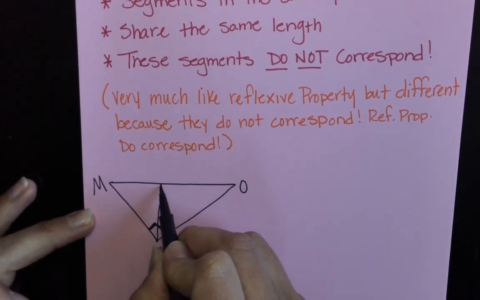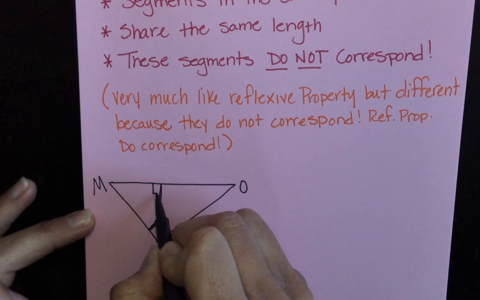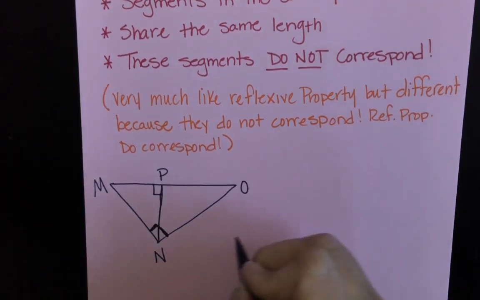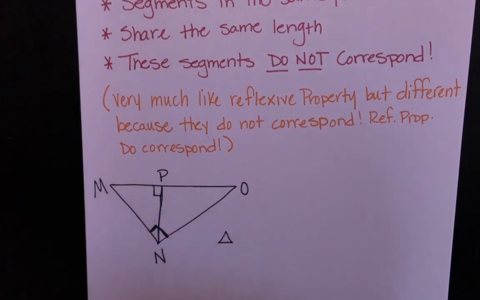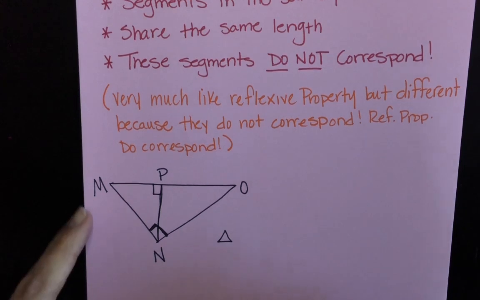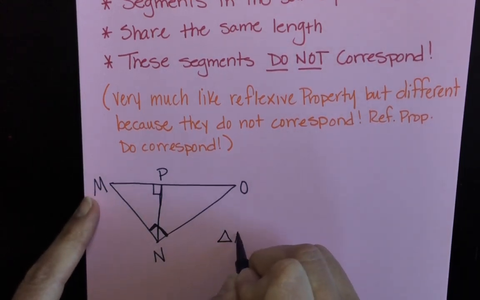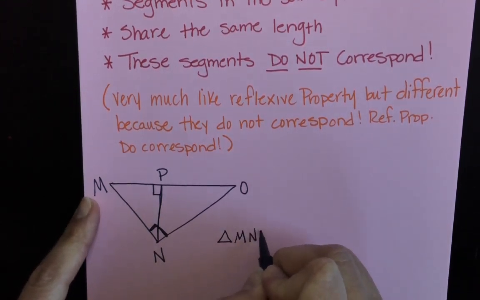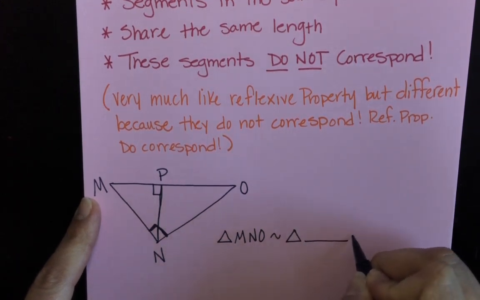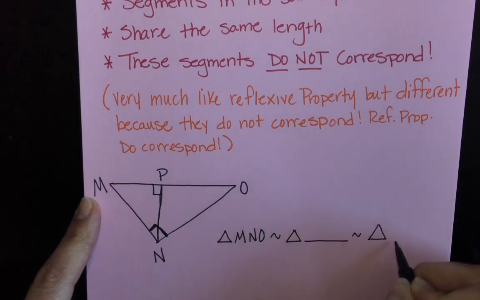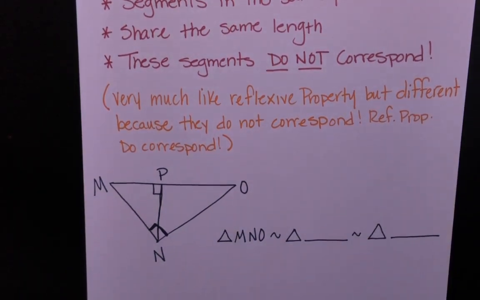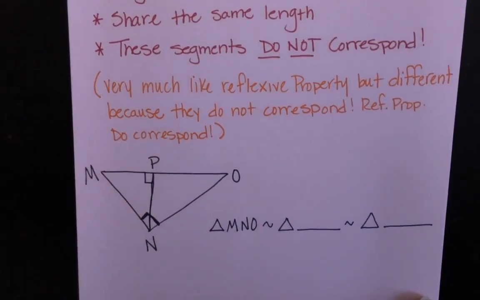I'm going to put our altitude in here, P. And if I'm going to name the original triangle MNO, see if you can fill in the appropriate answers.